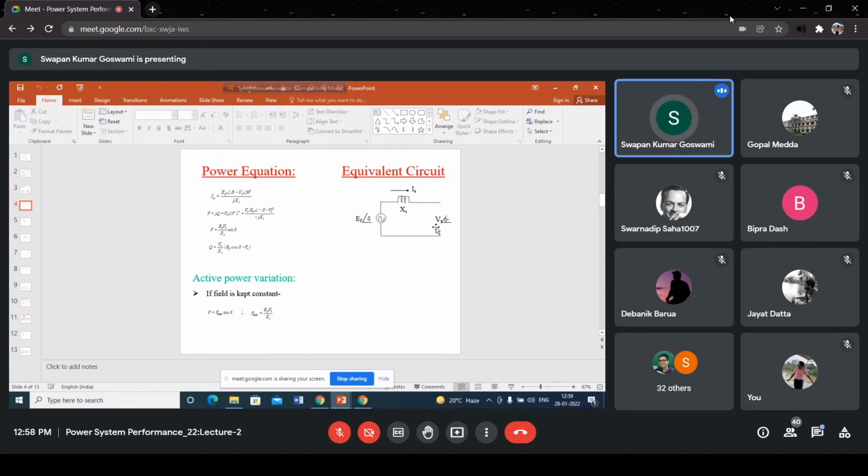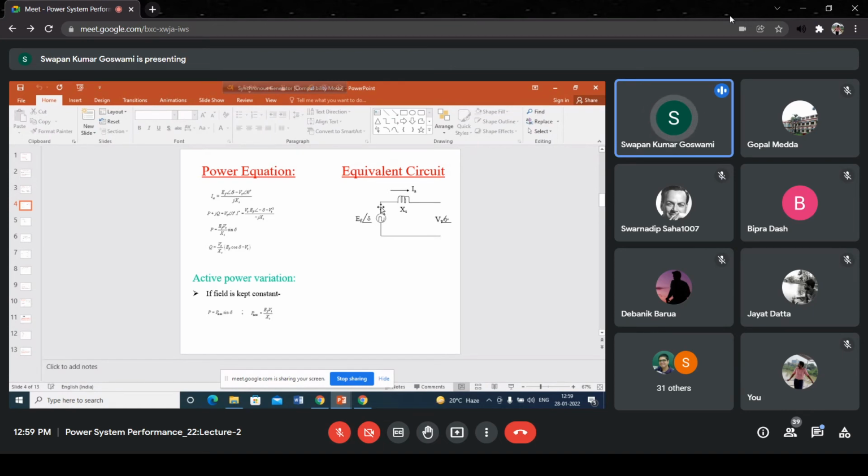Terminal voltage angle is shown to be 0 degree because we are using the terminal voltage as the reference phasor. It means phase angle will be measured with respect to the terminal voltage, and induced EMF is leading the terminal voltage by an angle delta. That's why induced EMF is EF at an angle of delta.